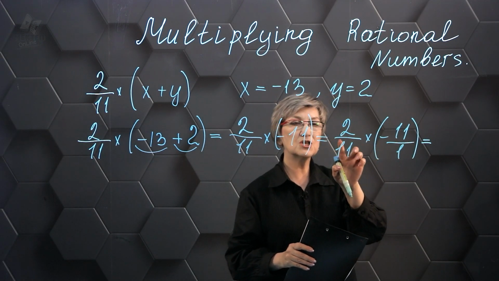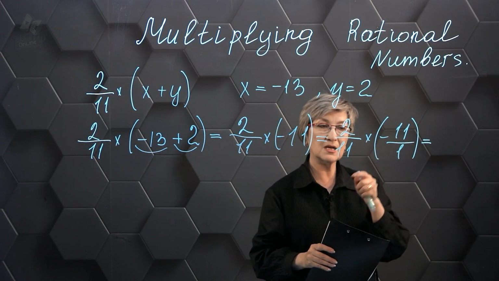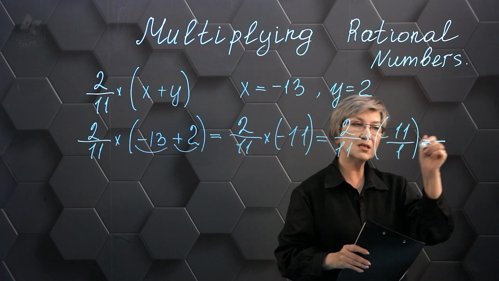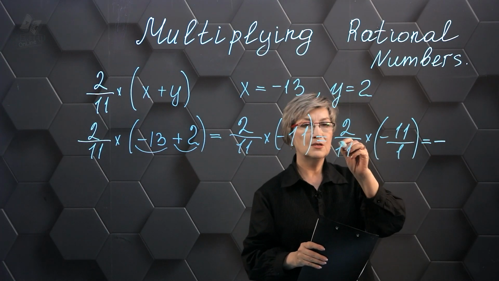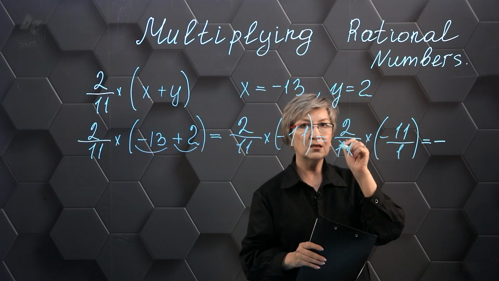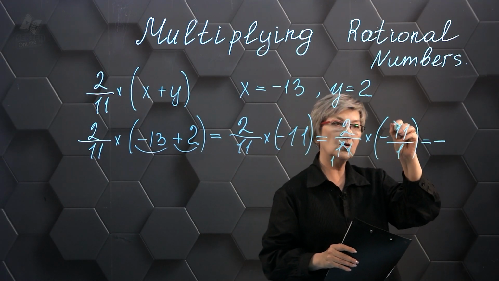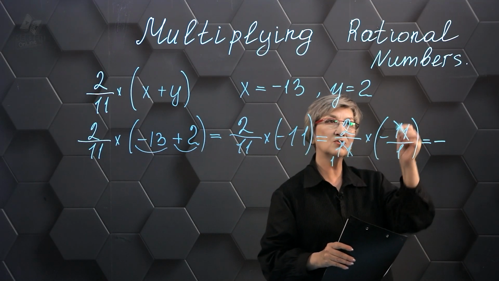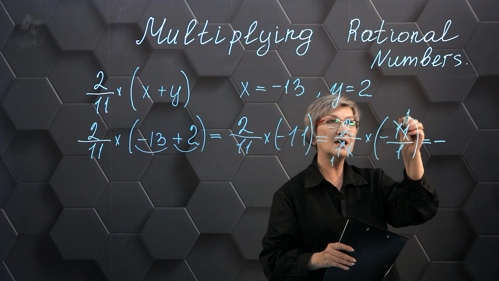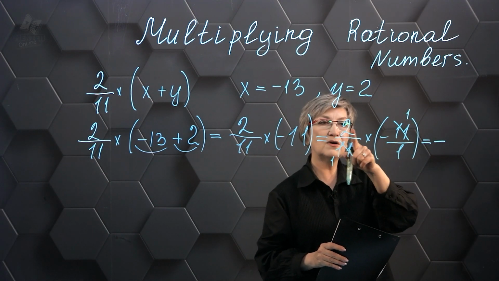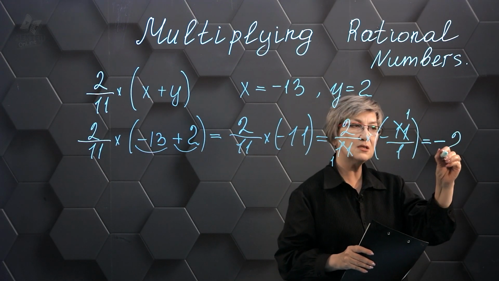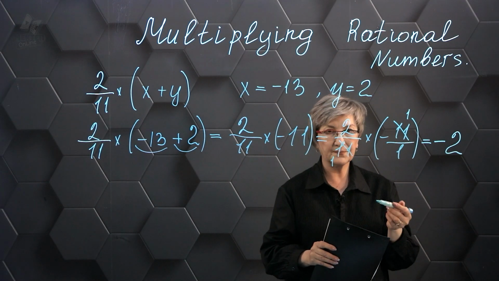By the rule of multiplying two numbers with different signs, the answer is a negative number. I will divide the number 11 by 11. That's 1. I will also divide the number minus 11 by 11, and the result is minus 1. As a result, 2 multiplied by minus 1 is the number minus 2.